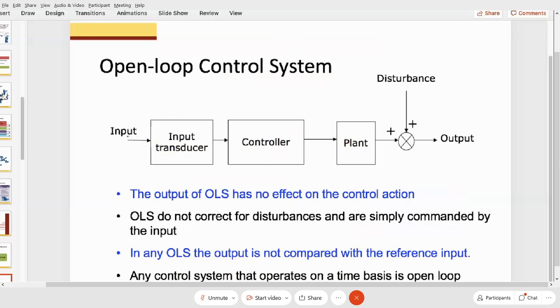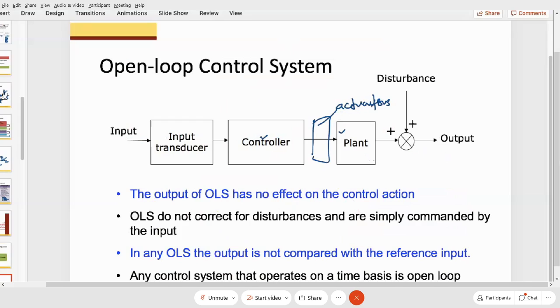Something like this: we give input, we have a controller here, it goes to the plant, so maybe you have the actuators, your valve, your pump, your heater, actuators, the final control element, and then the plant. So there is no measurement of the current status of the output. This is an open loop system.